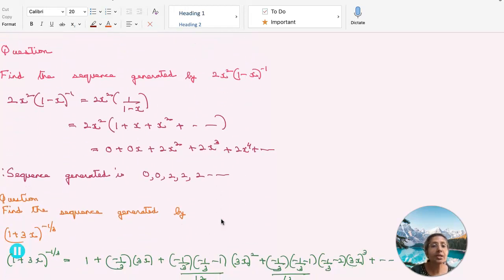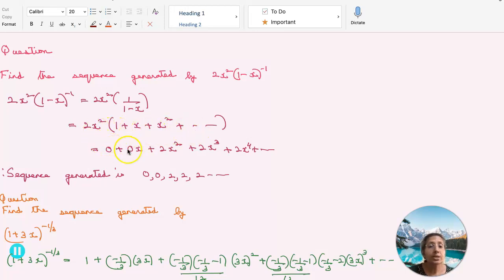Coming to the next question, find the sequence generated by 2x squared into (1 - x) raised to minus 1. So this is 2x squared into 1 by (1 - x), that is 2x squared into (1 + x + x squared and so on), because you have learned that 1 by (1 - x) is nothing but 1 + x + x squared and so on.